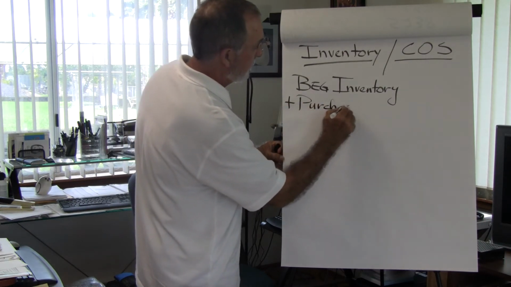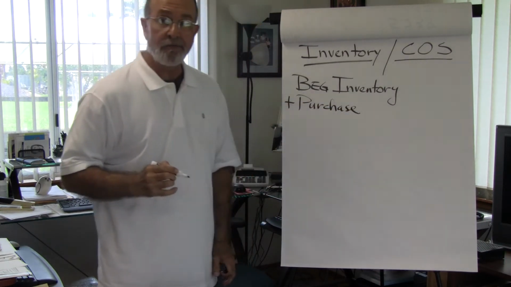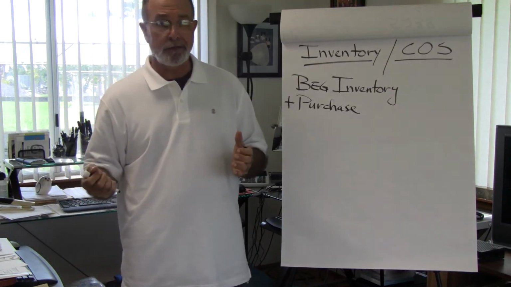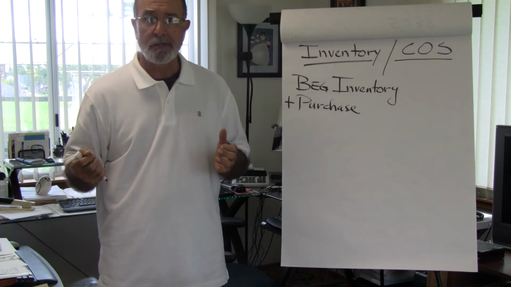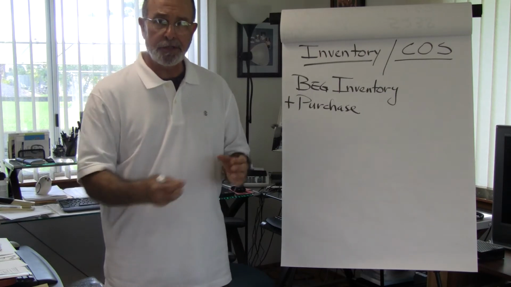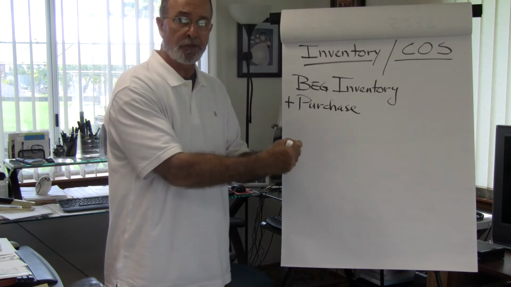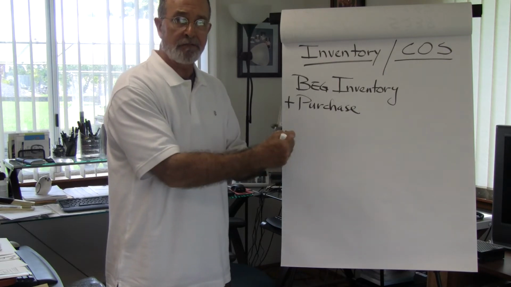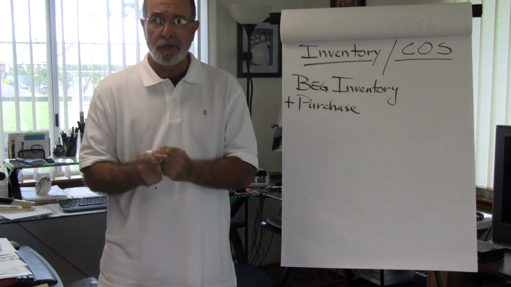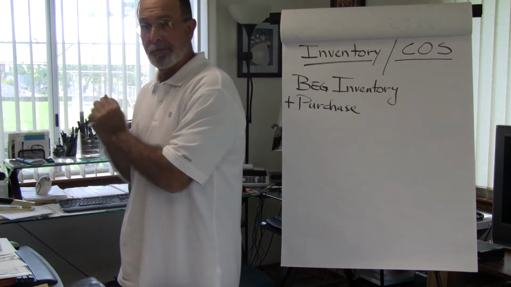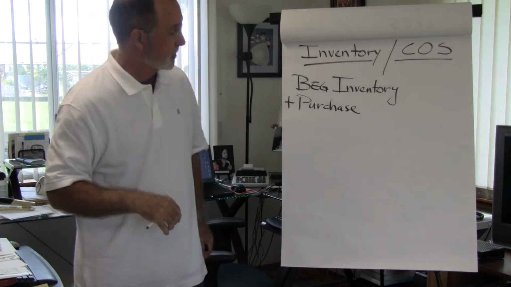we will buy inventory. For a merchandiser, the main focus of your operation is to purchase inventory, purchase finished goods from your suppliers and vendors, generally to bring them to your place of business, and then to sell them to your customers.